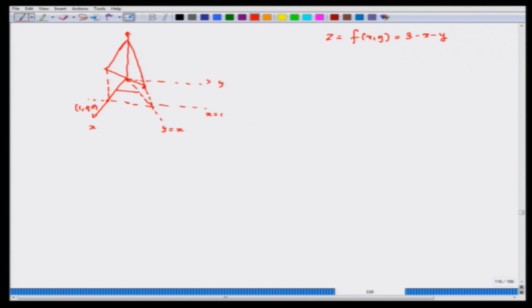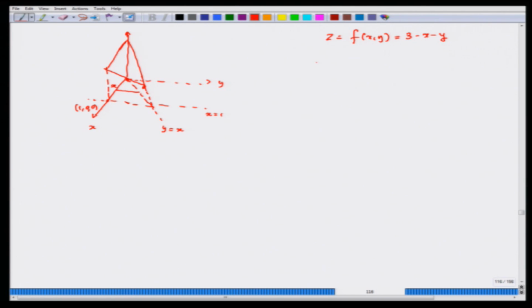If this point is some x, at that point y is equal to x. So, if x is varying from 0 to 1, y is varying from 0 to x. For any x that I take, y can take values from 0 to x. So, that is the key idea. Any x that I choose here, y can be anywhere here. So, I have to swap this part of the domain also.